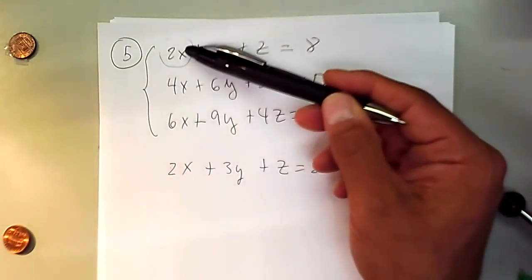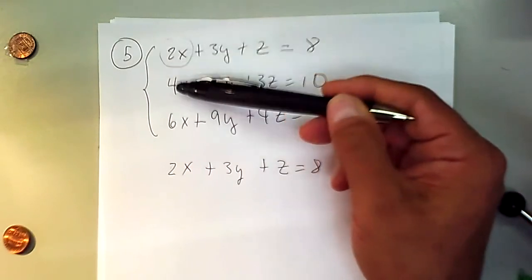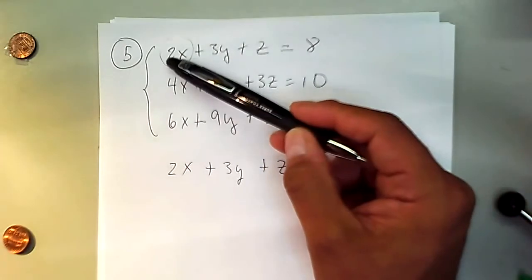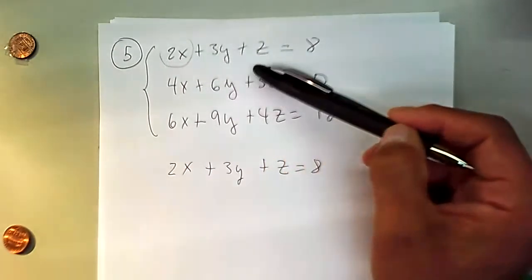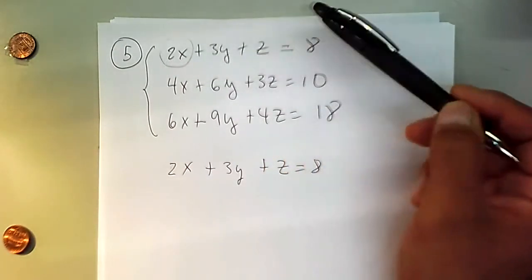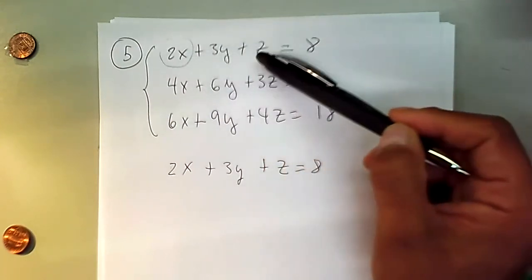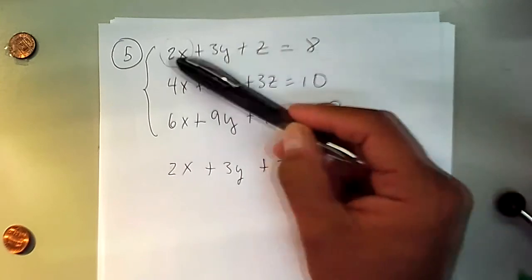You know, all we have to do is multiply by 2, and then we subtract. So remember, we're going to multiply this by 2, and we're going to have 4x's, 6y's, 2z's, and 16. 4, 6, 2, 16, when we multiply this by 2.